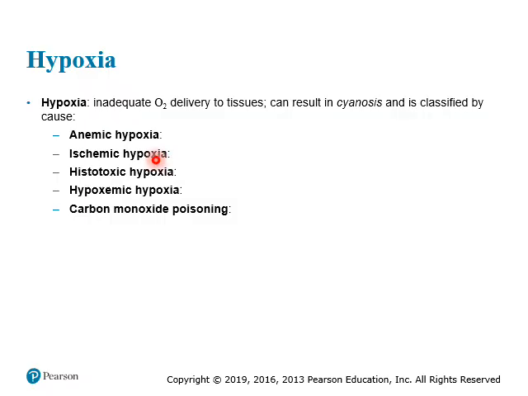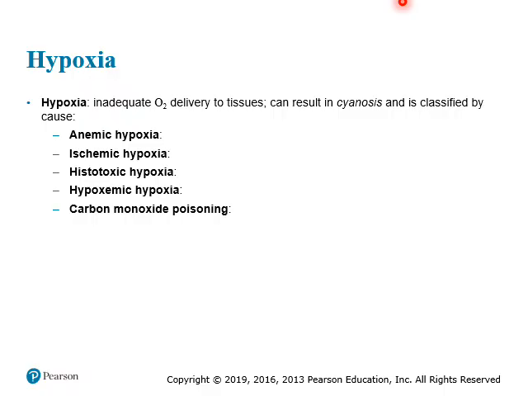Ischemic hypoxia, number 2, is impaired or blocked blood circulation, resulting in poor circulation of gas where it's needed. Histologic hypoxia: the cells here are unable to use oxygen, as in the presence of a metabolic poison like cyanide. This will result in inability of the cells to use up oxygen.